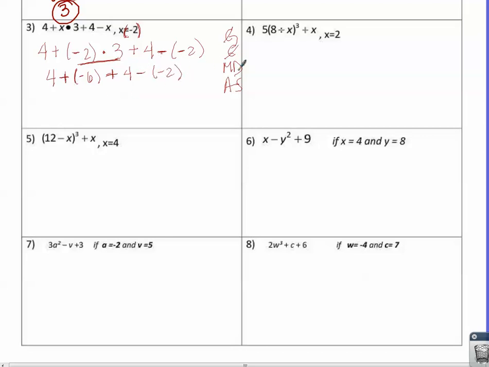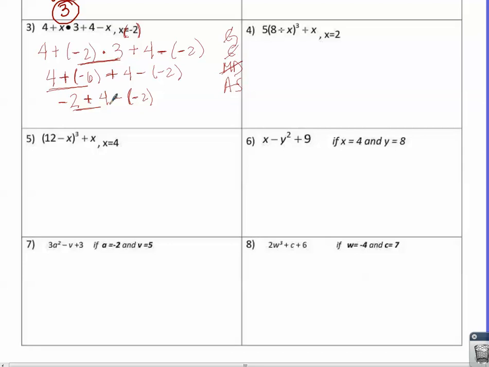There's no more multiplication or division, so now let's add or subtract from left to right. First thing that appears is 4 plus -6. Signs are different, so you must subtract. Keep the sign of the larger number. So you get -2 plus 4 minus -2.